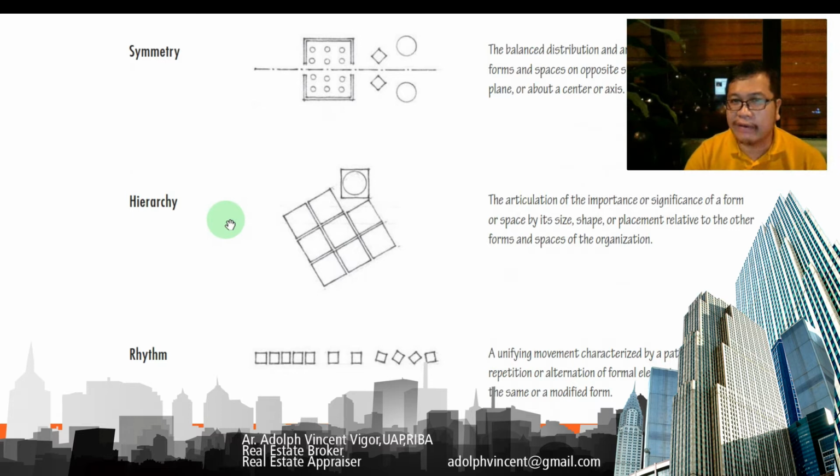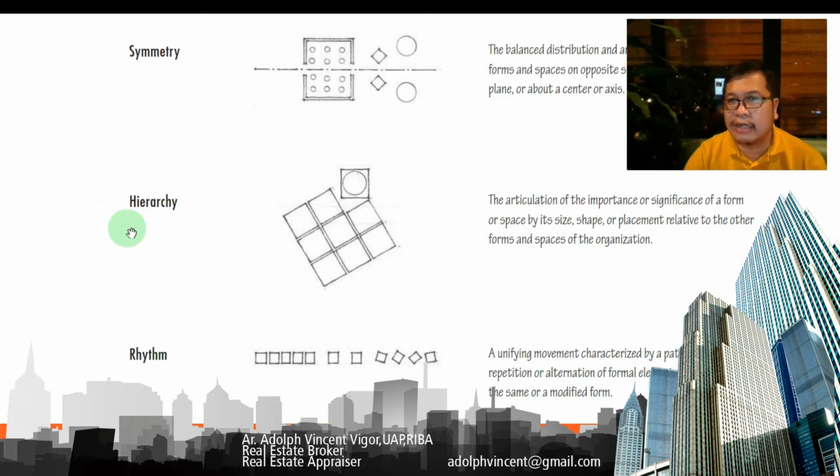Then let's go into hierarchy. So hierarchy is the articulation of the importance or significance of a form or space by its size, shape, or placement relative to the other forms and spaces of the organization. So if these are the other spaces, class, which are less important compared to this one, okay, so these are arranged here in a grid-like manner, while the most important space is separated to give emphasis on this area.